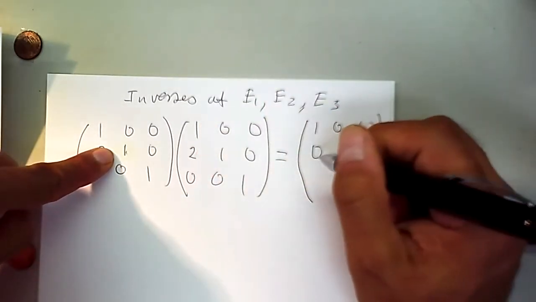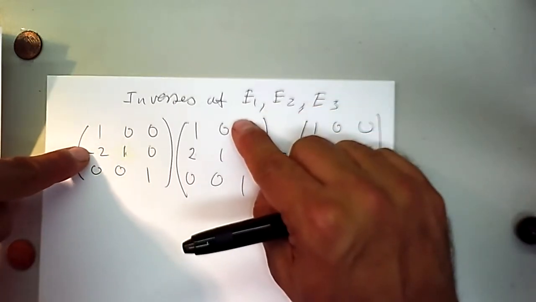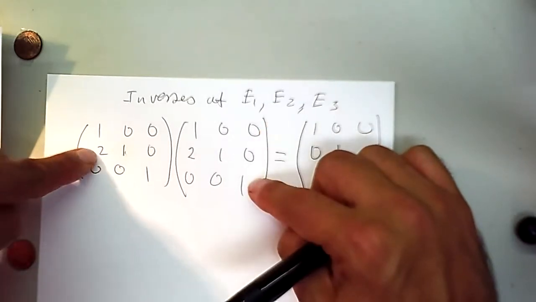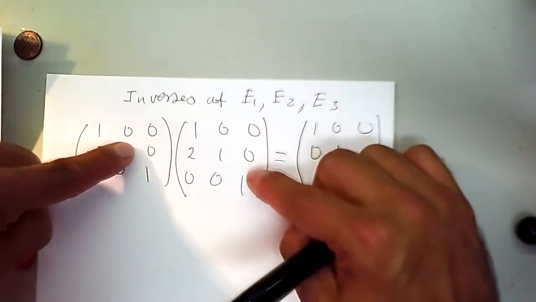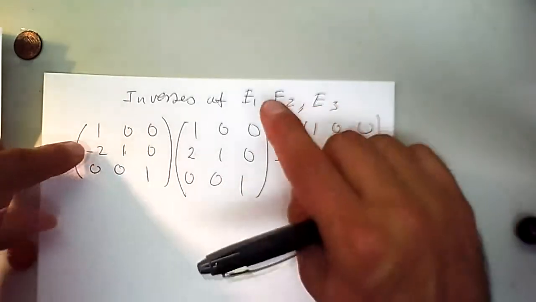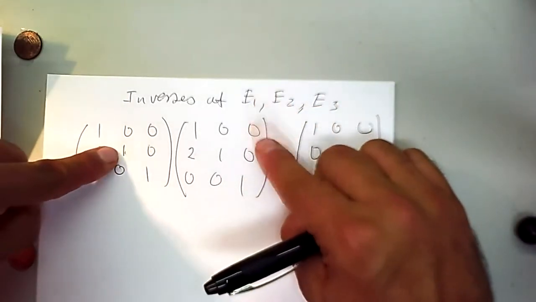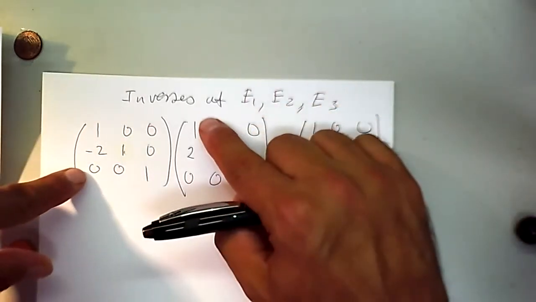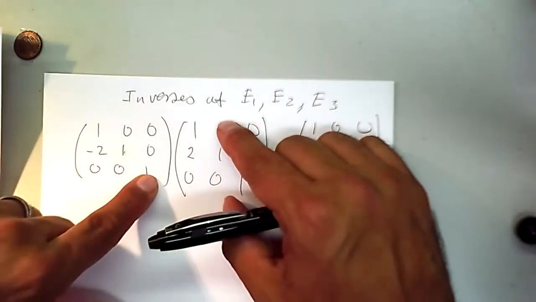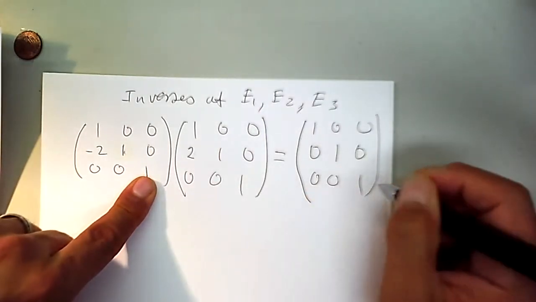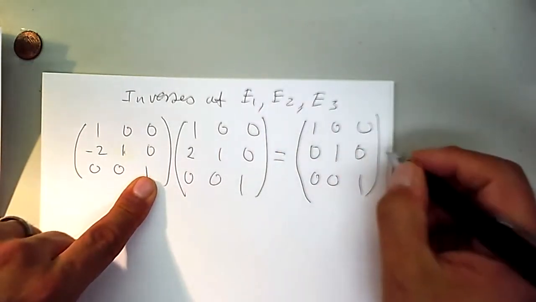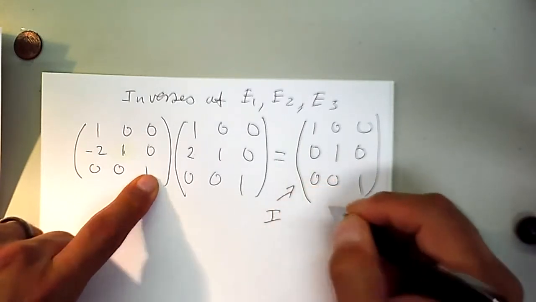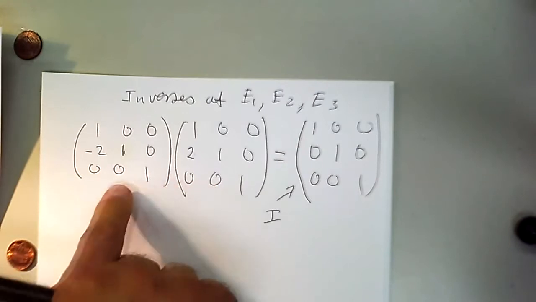That's the whole point. Then we have 0, 1, 0, and then 0, 0, 1. This is the identity. So that means this is the correct inverse.